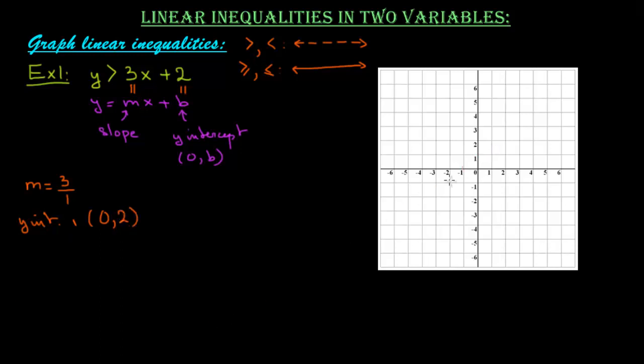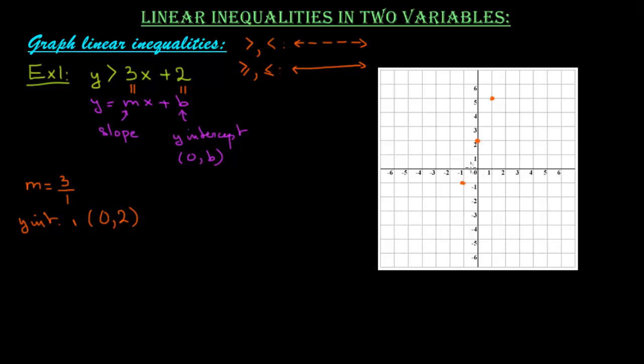Here we graph this one. I will start at (0, 2). This is my first point. Then we go up 3 over 1: 1, 2, 3, and over 1. And keep going: 1, 2, 3, and over 1. That fills out my graph. I can also go down and overlap: 1, 2, 3, and go over left 1.